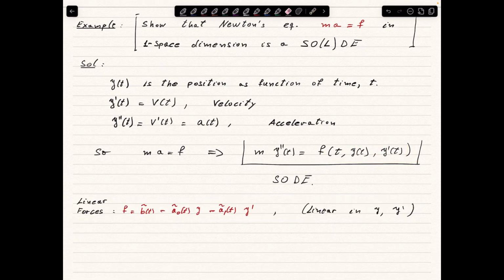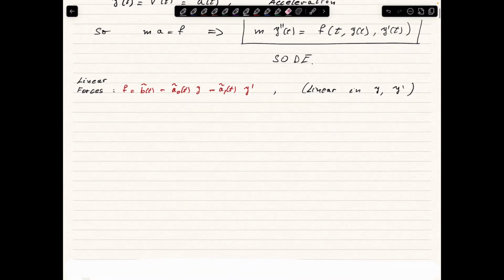For example, suppose we have a force function that has this expression: some function of only time, and then a coefficient times the position, and a coefficient times the velocity. So this is a linear function of position and velocity.